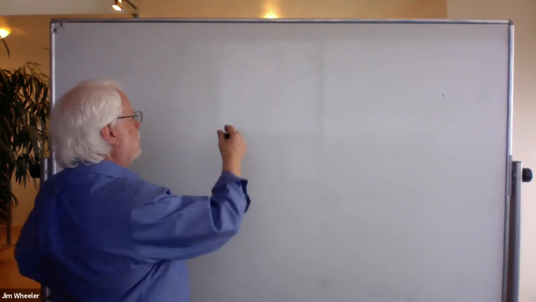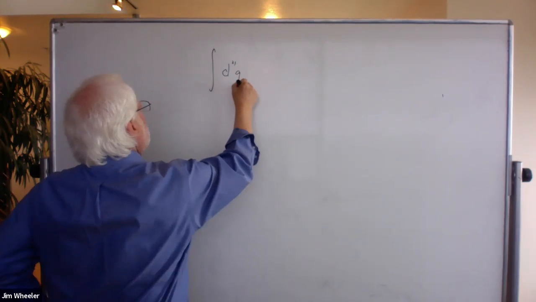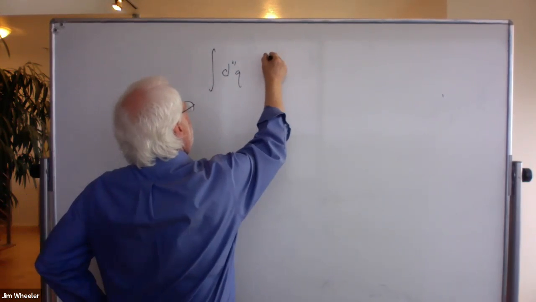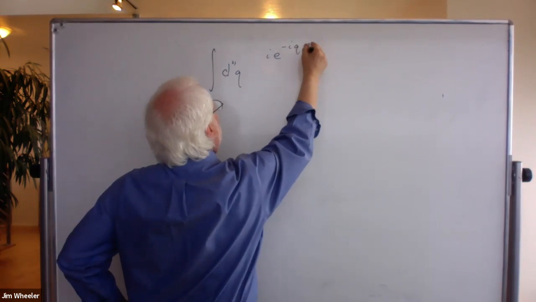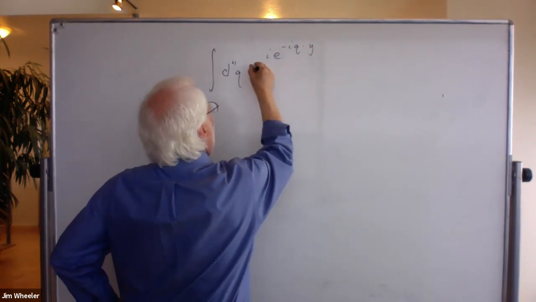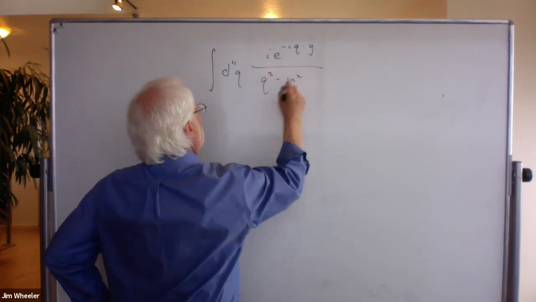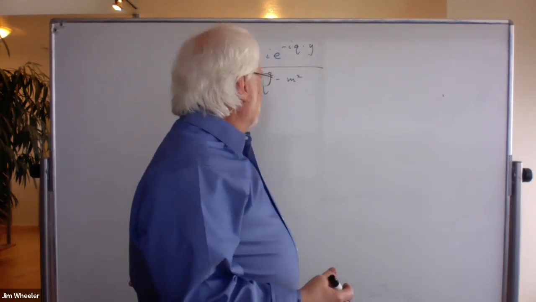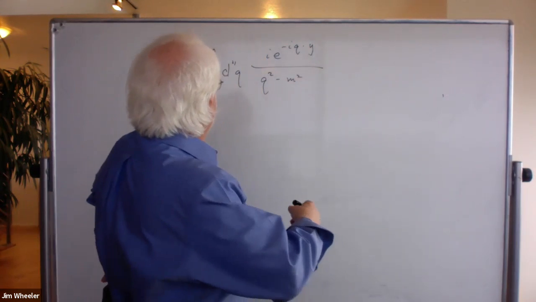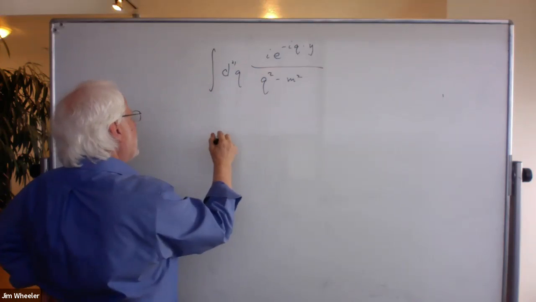But we've been inserting a propagator, the integral d4q of basically this form, minus i over q squared minus m squared. Something like this we've been putting in for the propagators, and that applies to a scalar field.